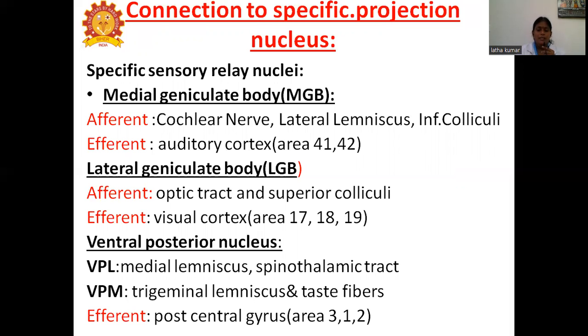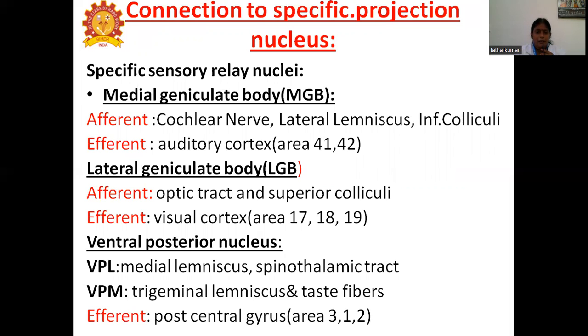The medial lemniscus carries afferent fibers from the nucleus gracilis and cuneatus, and the spinothalamic tract terminates in the VPL. VPL receives somatosensory impulses from the trunk and limb.